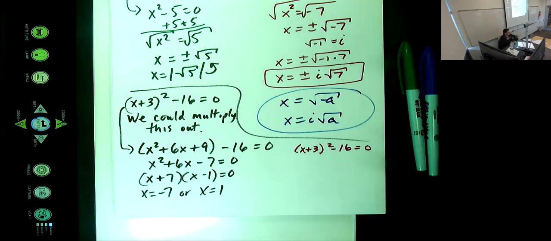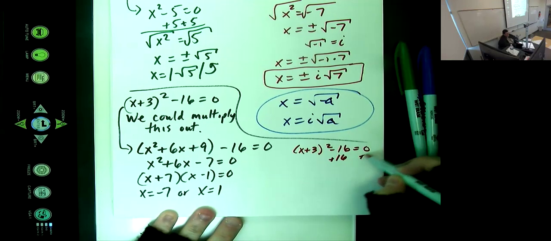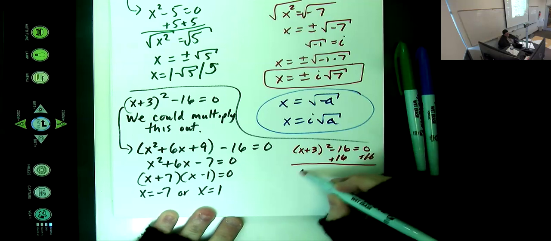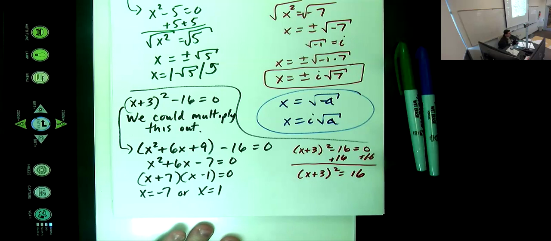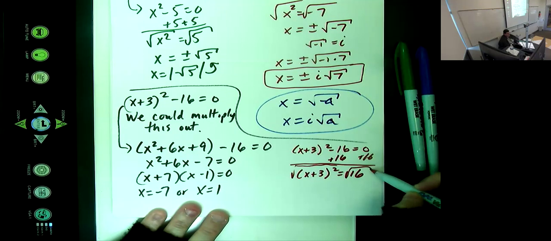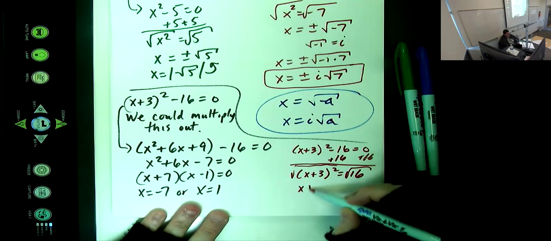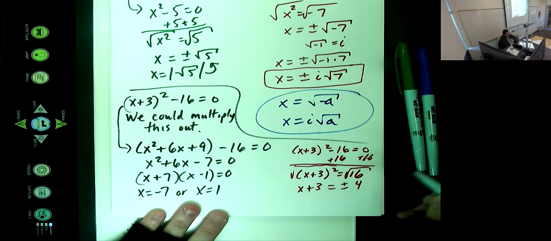Gotta get the 16 to the other side, right? What about now? We do the square root, and I should get x plus 3 equals plus or minus 4.